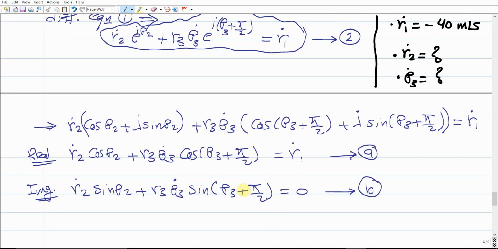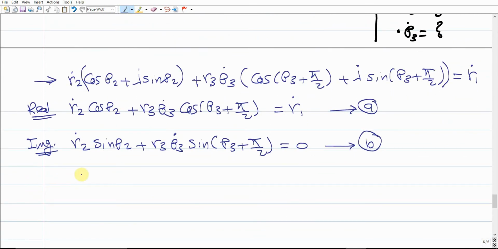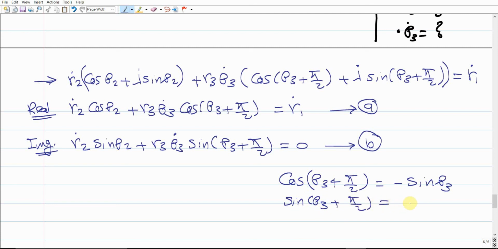But you have to consider some trigonometric identities that we mentioned before. To make the calculation simpler, the cosine of theta 3 plus pi over 2 equals the negative sine theta 3. So to get rid of this pi, you just replace this term with negative sine theta 3. The same goes for the sine term: the sine of theta 3 plus pi over 2 equals the cosine theta 3. So what does it mean?